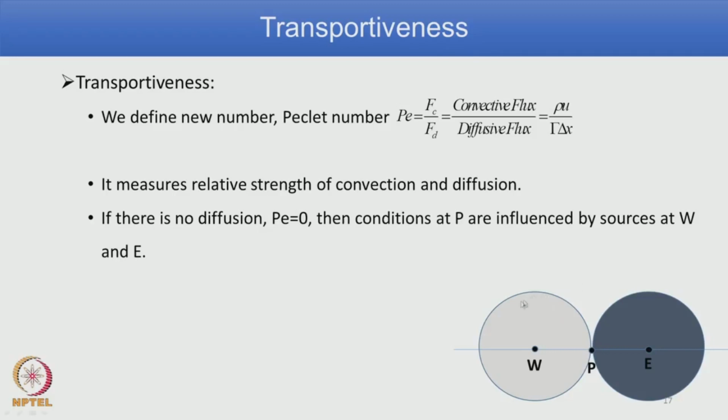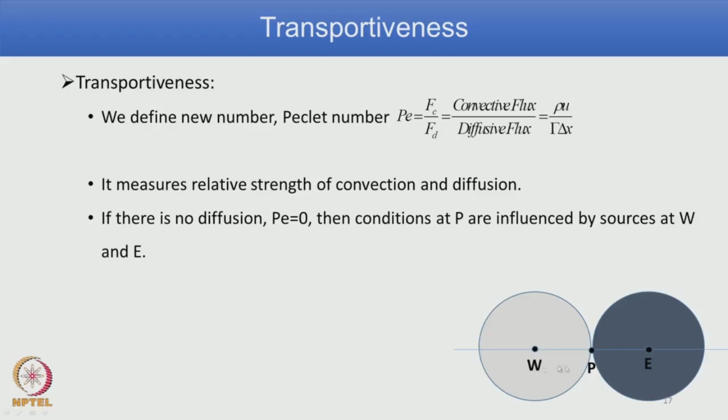So, I am just giving one figure to explain this. There are two control volumes, for example, shown here as circles. P is the point of interest, that is the nodal value you want to find, and E and W are two adjacent nodes, E basically for east and W representing west.